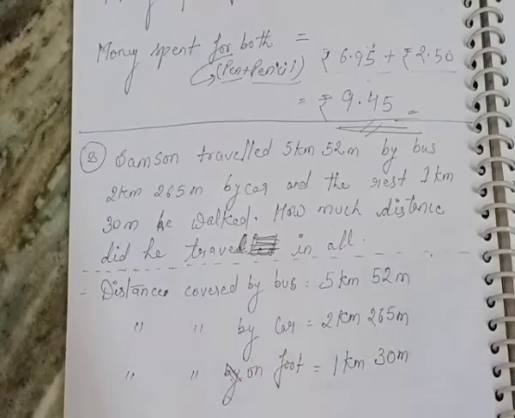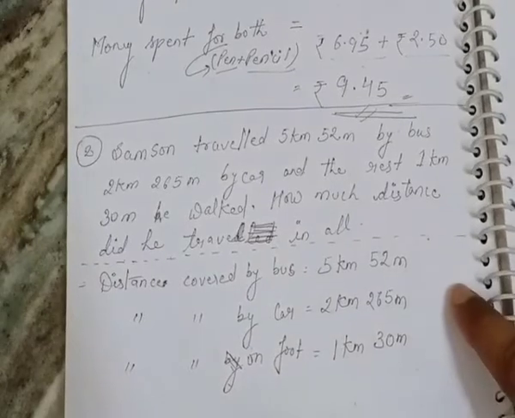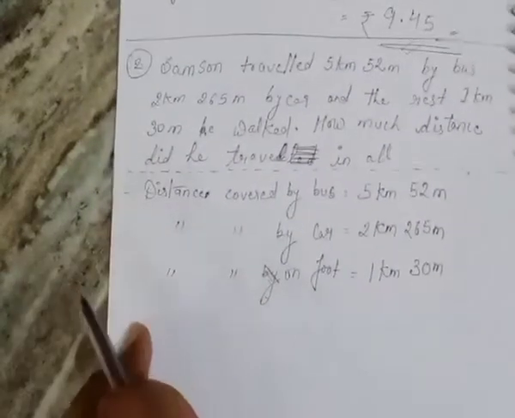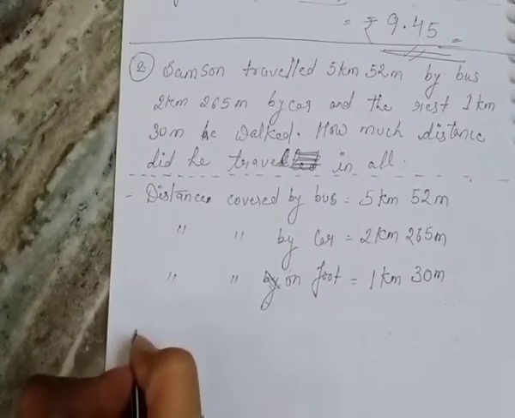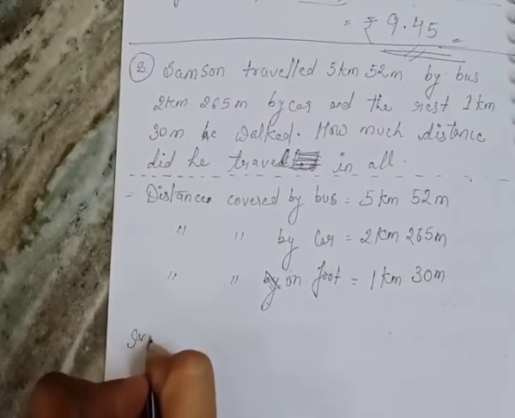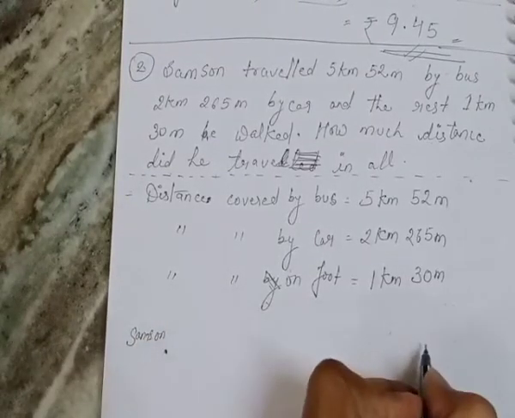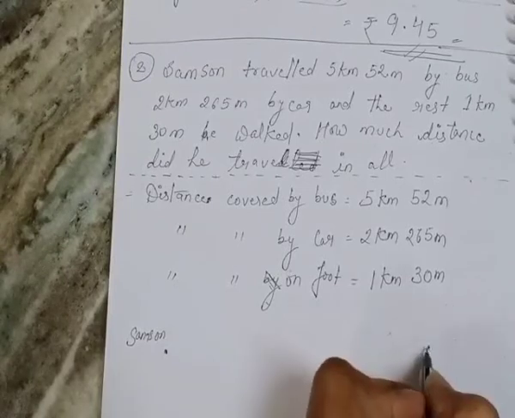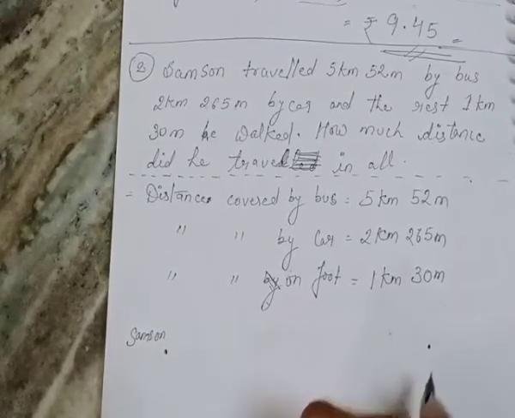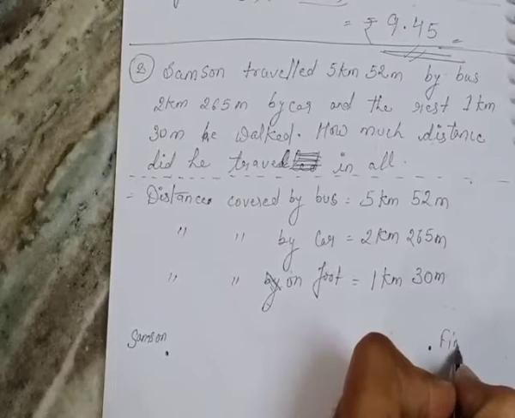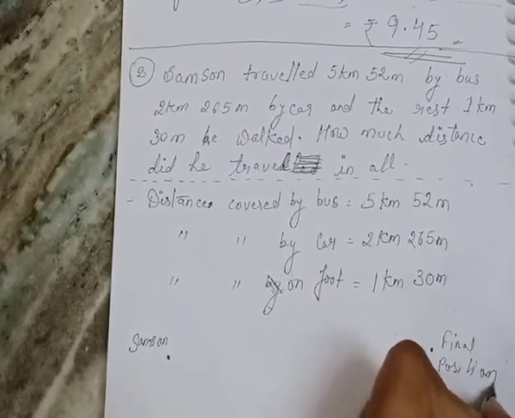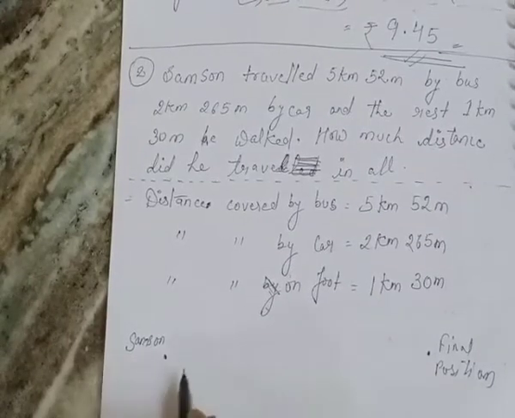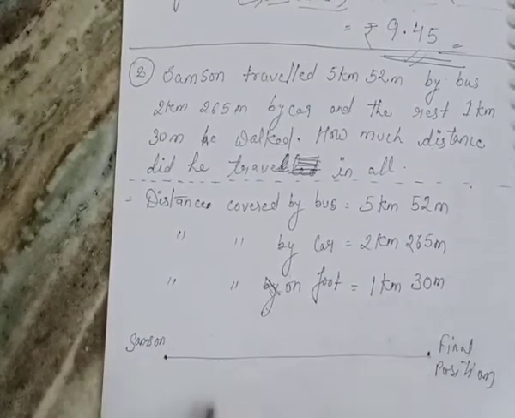To understand it better, for example, this is the initial place where Samson was, and this is the final position where he has to reach. This is the total distance he traveled.